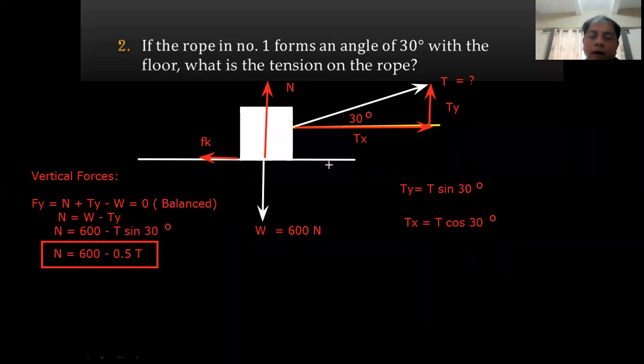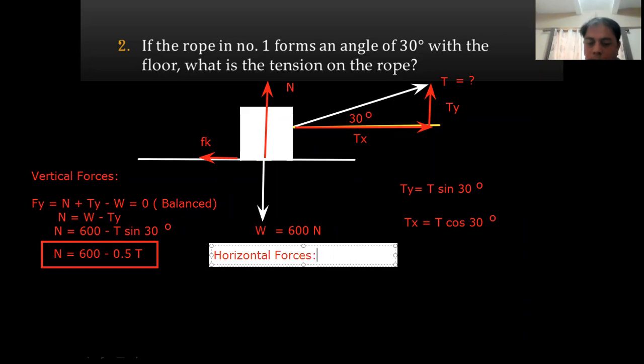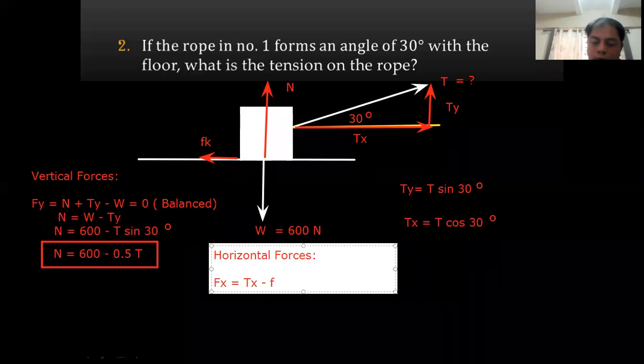Now, horizontally, how many forces are present? On our horizontal axis, the horizontal force, or Fx, we have only two: one that goes right, which is your T sub x, and one that goes left, which is your F sub k.